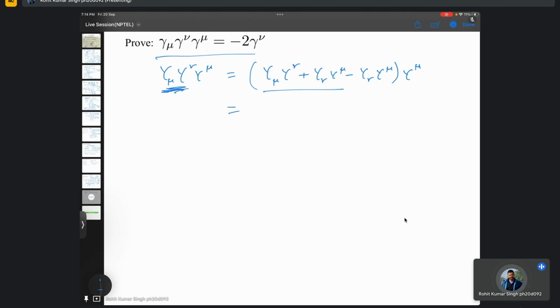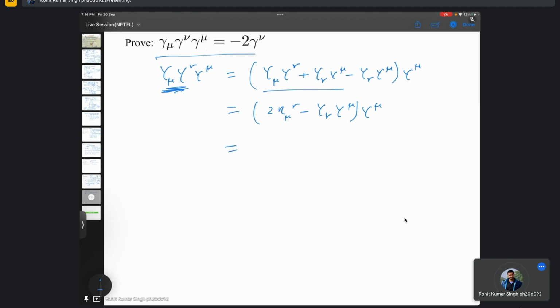Now this, you know, is 2 times the metric tensor, right? And here you have this plus this.